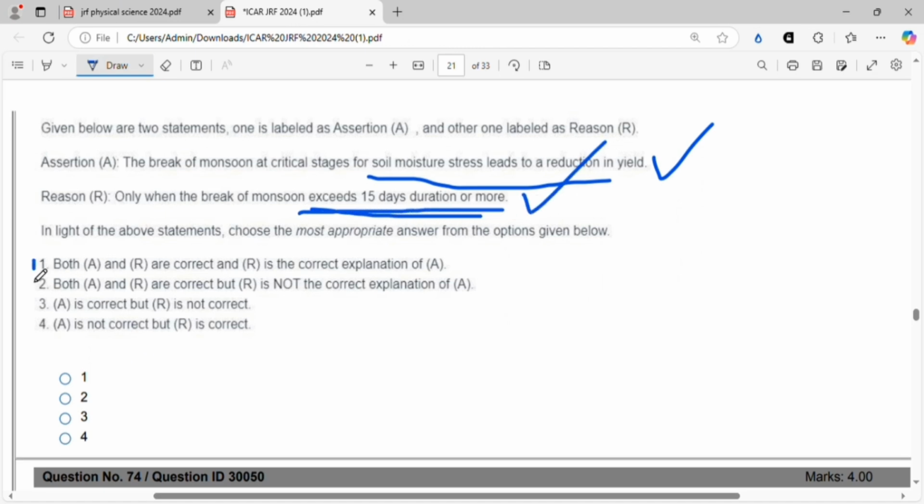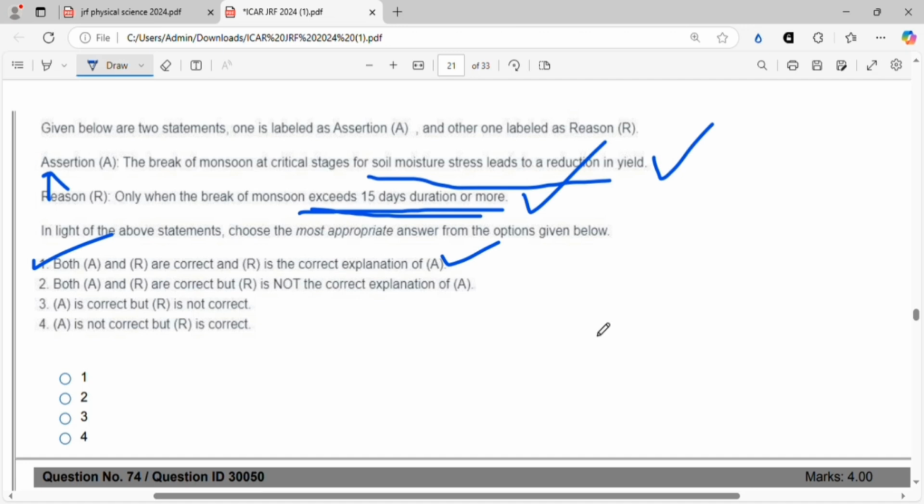So both the statements are correct, and this statement correctly justifies the assertion, and I will explain you why. Because the break needs to be more than 15 days at least, because until that time the soil has enough storehouse of moisture to sustain the plant. You know, soil is a reservoir of moisture, a storehouse of moisture.